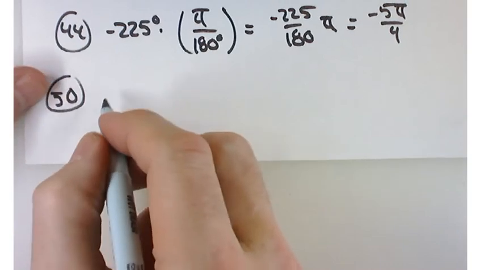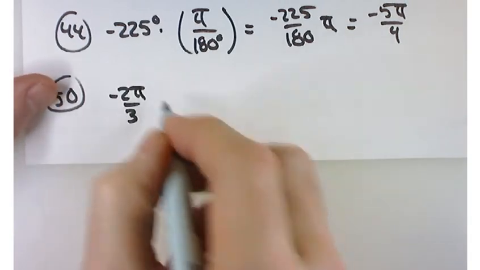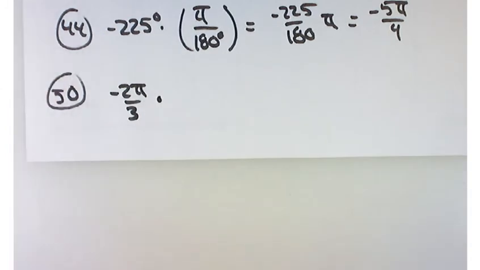Let's try problem number 50. Negative 2 pi over 3. This time I want to convert from radians to degrees.